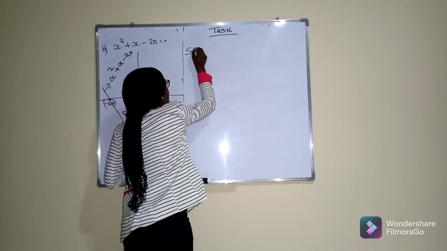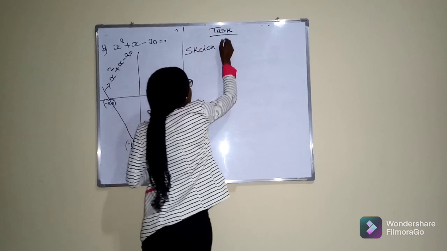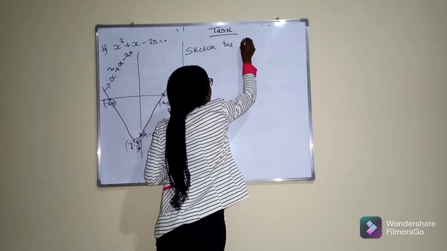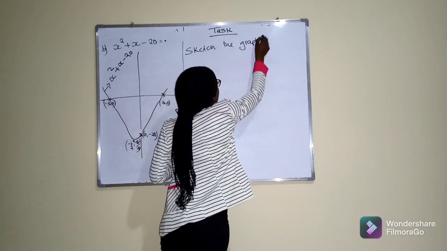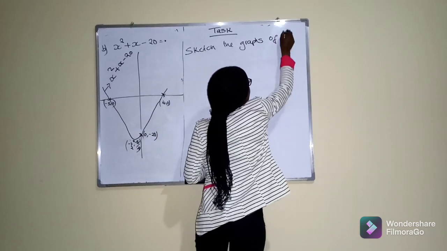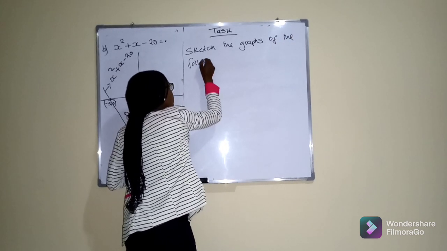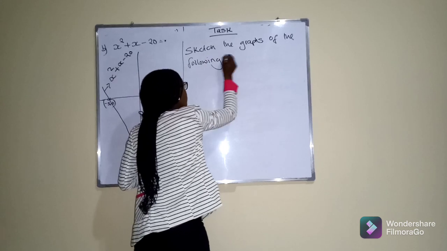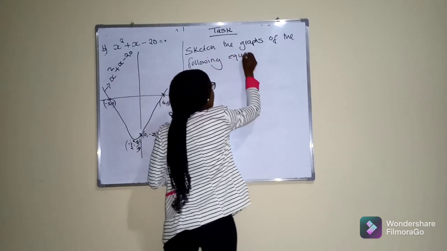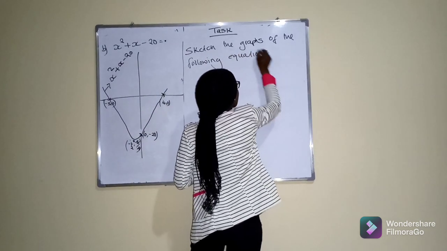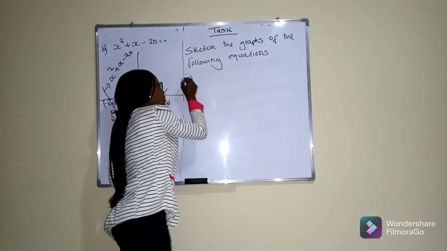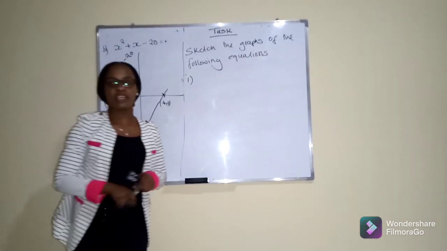So sketch the graphs of the following equations. So we'll see how many we can have.